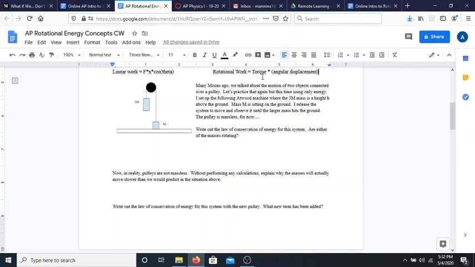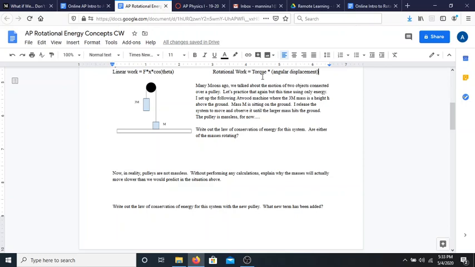Now, right now the pulley is massless. And we're going to talk about in a second why that's important. But the first thing I want you to do is write out the law of conservation of energy for this system. Now, I'm going to let the system go. And of course, the large mass is going to start moving. So write out the law of conservation of energy for those masses, where the initial part is when I have not let them go yet.